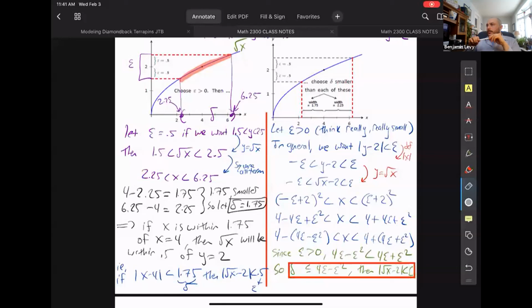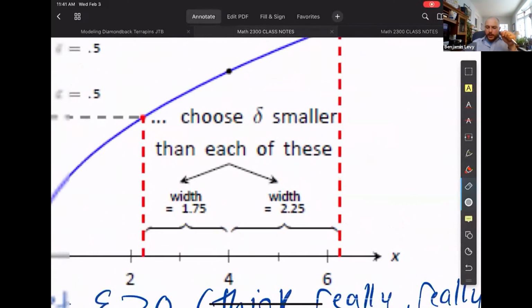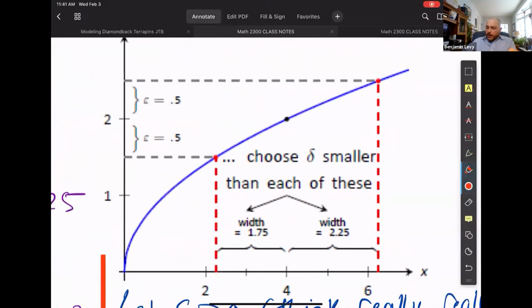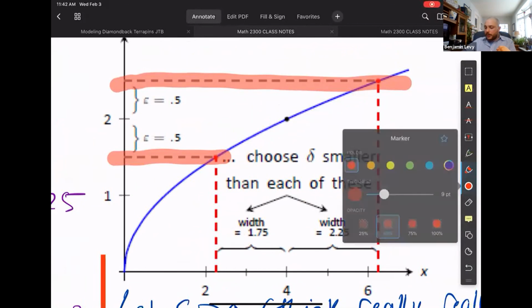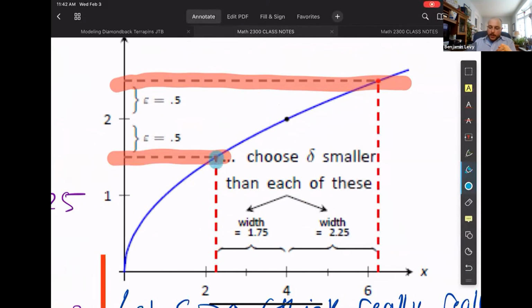Also something to add on. I don't understand why there's a smaller side and a larger side of epsilon. Yeah, so the idea is, if I zoom in on this picture a little bit, we want to be between here and here on the y-axis. This line looks straight, but it's not straight. It's curved. The square root of x has a curved shape. So if we want to be between those two lines I just drew in red, then we want to be between these two places on the x-axis.